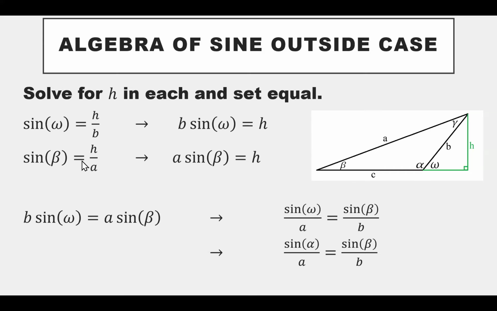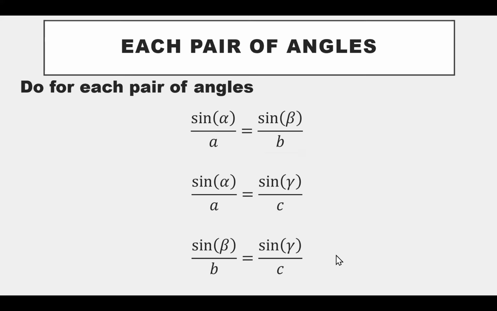Since sine of beta is equal to h over a, we get a times sine of beta is equal to h. Setting those equal and dividing by b and a on both sides gives us sine of omega over a is equal to sine of beta over b. But remember what we said about supplementary angles: sine of omega is equal to sine of alpha. So we get, at least, the first part of our law of sines.